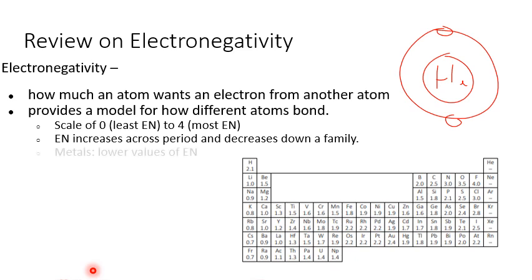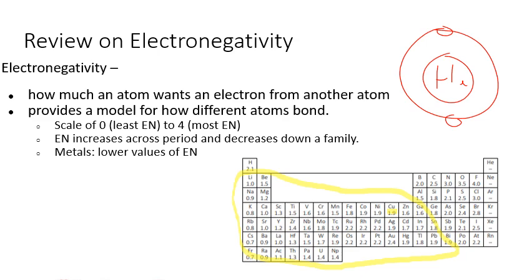So really what that means is metals as a whole have lower values. So we kind of look at the metals here. Remember, most of the metals are right here. They have lower values. Most of them are under 2, with a few close to 1.9, but for the most part, very, very small.